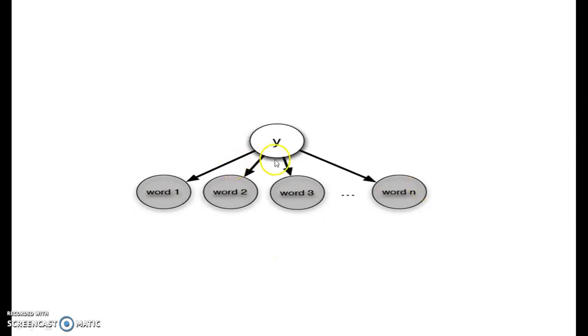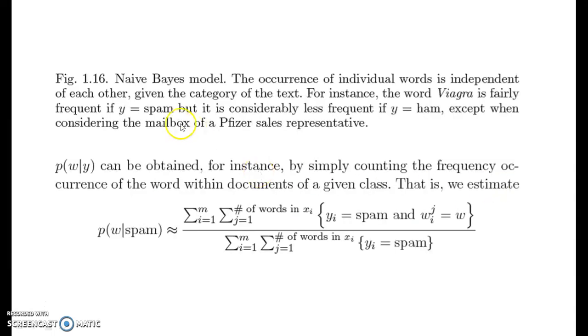Here we have y, word 1, word 2, word 3, up to word n. In the naive Bayes model, the occurrence of individual words is independent of each other, given the category of the text. For instance, the word Viagra is fairly frequent in y equals spam, but is considerably less frequent in y equals ham, except when considering the mailbox of a Pfizer sales representative.